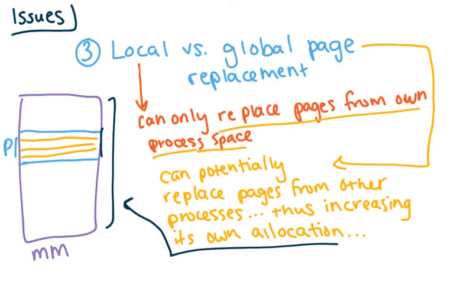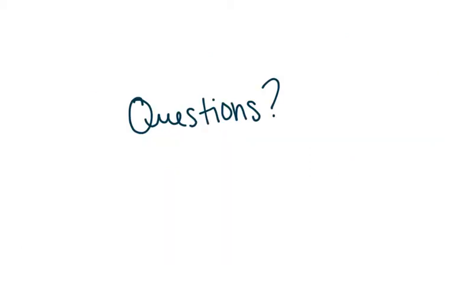So now what that can do is make it so certain processes have more pages allocated to them than they were initialized with, and therefore there are other processes that are going to be losing frames. And this leads to a very serious problem called thrashing, and that is what we will talk about next time. So let me know if you have any questions, and thank you.